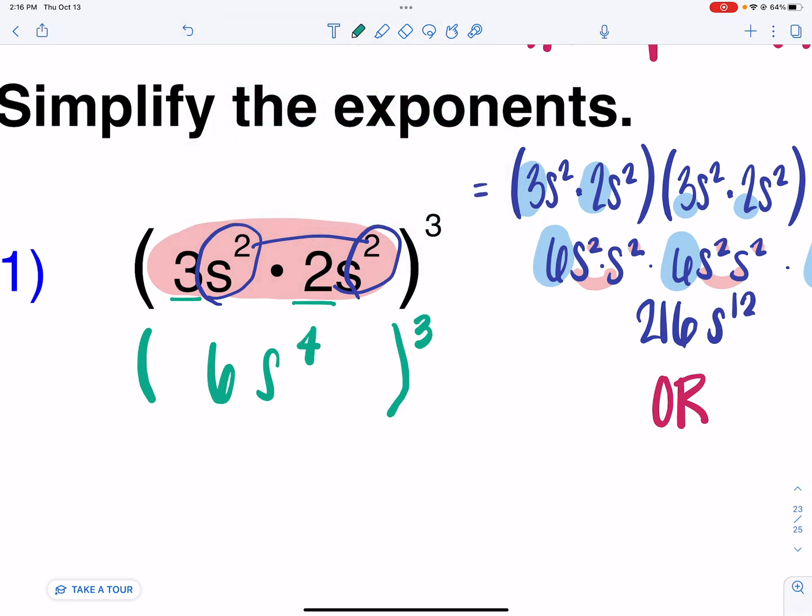Now, the next thing I notice, I'm going to clean this up a little bit, is that my 6 does not have an exponent, or at least it appears not to have an exponent. But because you were all excellent mathletes, you know that if there appears to be a missing exponent, all you have to do is squeeze in a little 1.